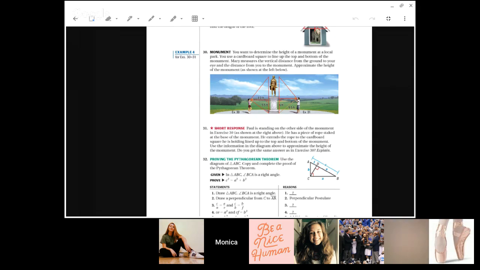Okay, so we're looking for this whole thing here. So is that a hypotenuse? So this side is a hypotenuse, right?